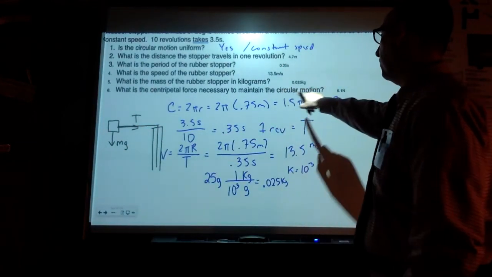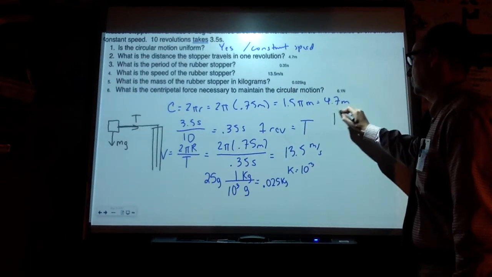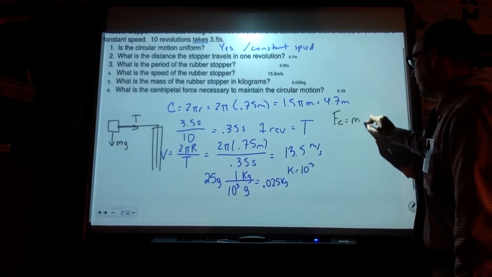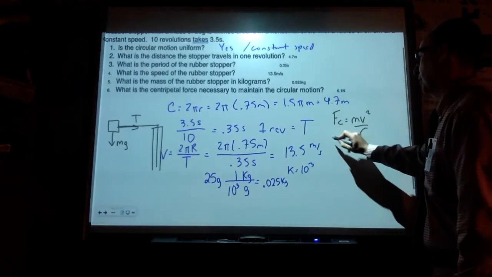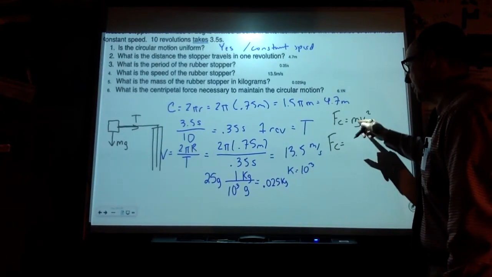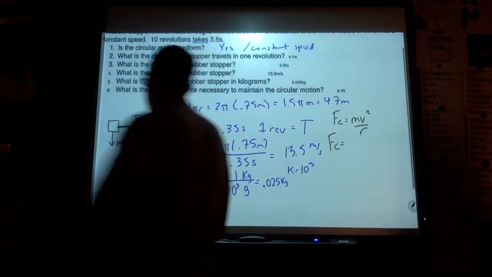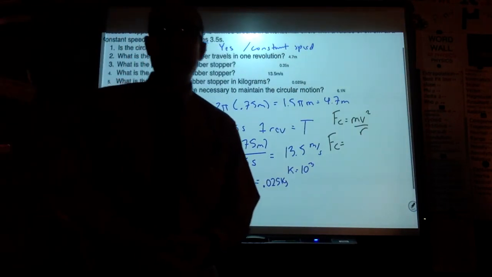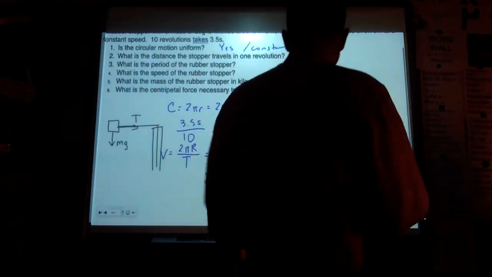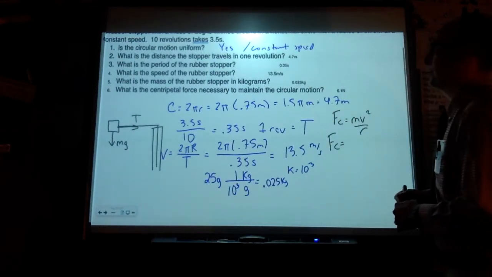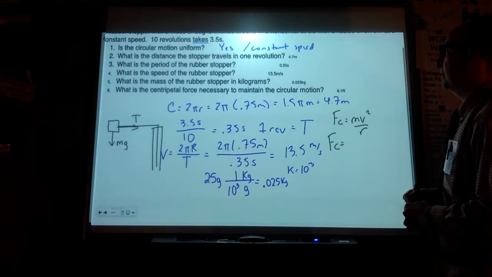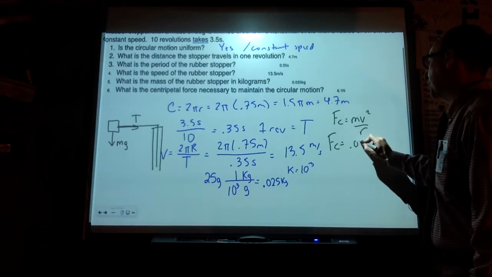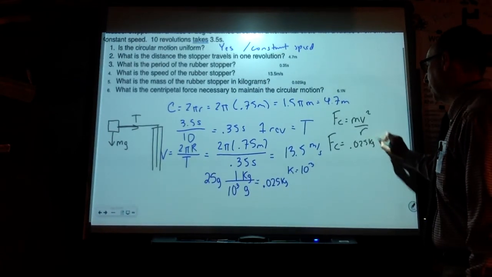So the centripetal force necessary is this mv squared over r. So this mass is what we're whirling around, what is going in a circular motion. And that mass is the rubber stopper. So I'm going to take the rubber stopper's mass, and that is 0.025 kilograms.